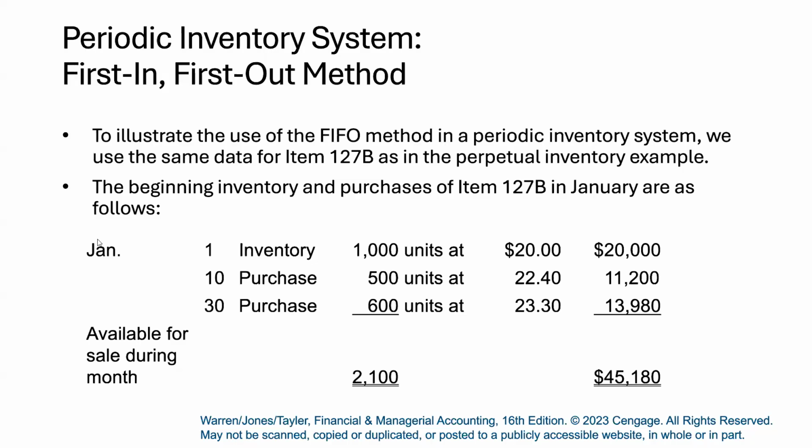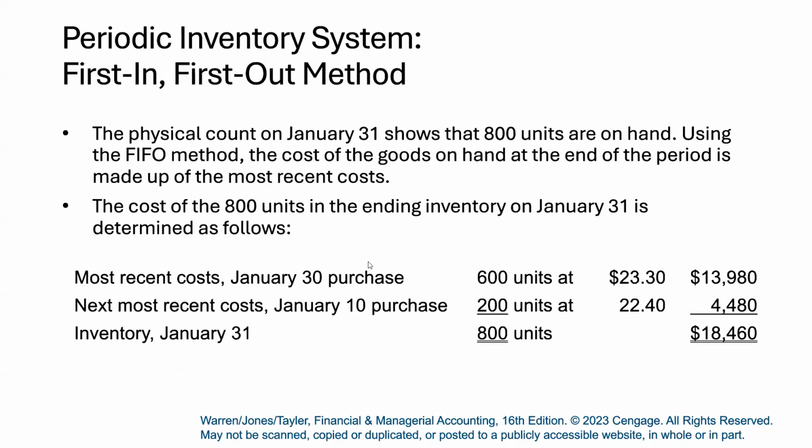So we get to the end of the month, we do a count. It shows we have 800 units left, and we're still asking, which of those units did we sell of the 2,100? And so the answer is with first in, first out. Remember when we did the perpetual system, each time we made a sale, we had to figure out which ones we were selling.